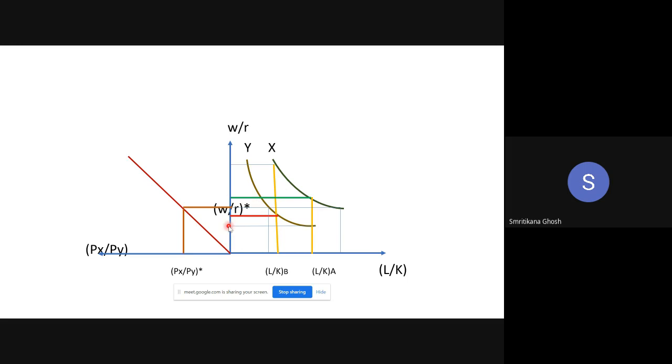This line and this line, this is the range of W by R for country A. And this one from red to this faded, this is the range of W by R for country B. Just to show the range, I have drawn these faded blue lines. So, ma'am, those are touching the edges of the curves, right? Yes, yes.